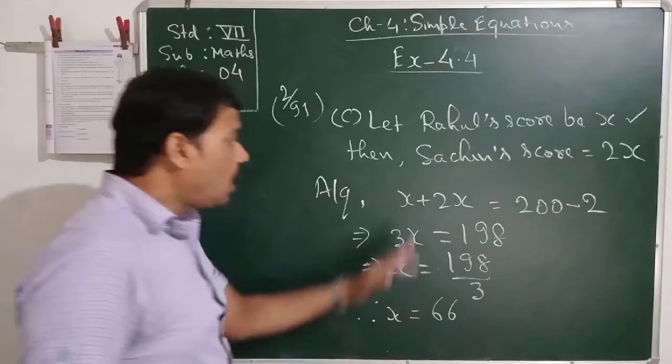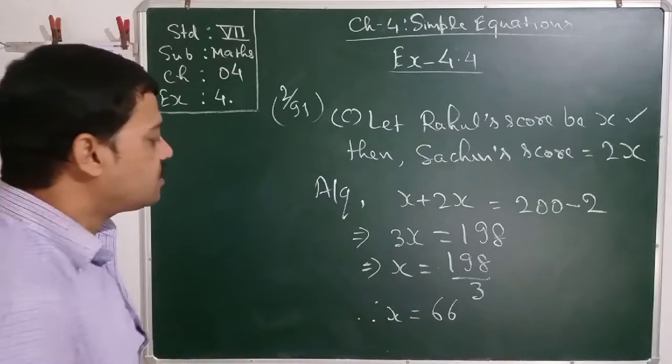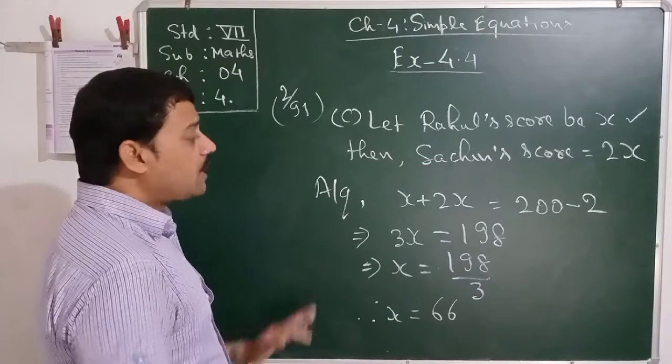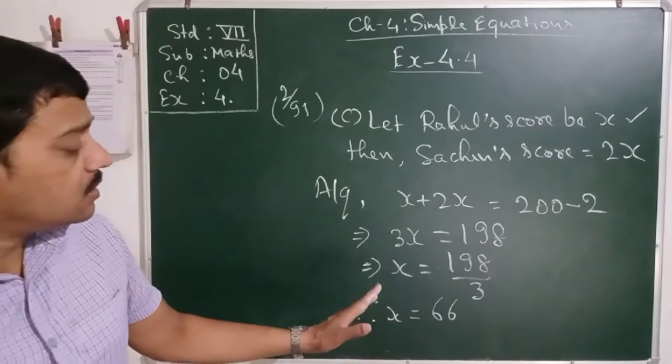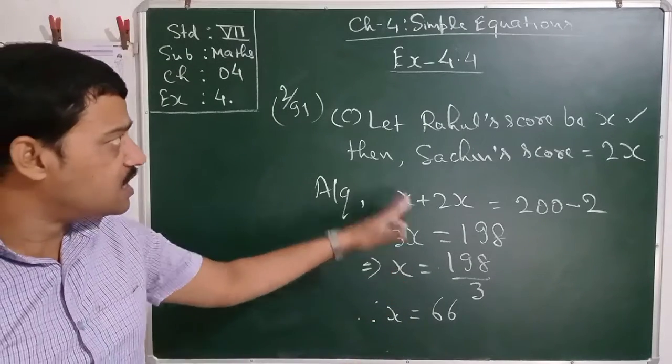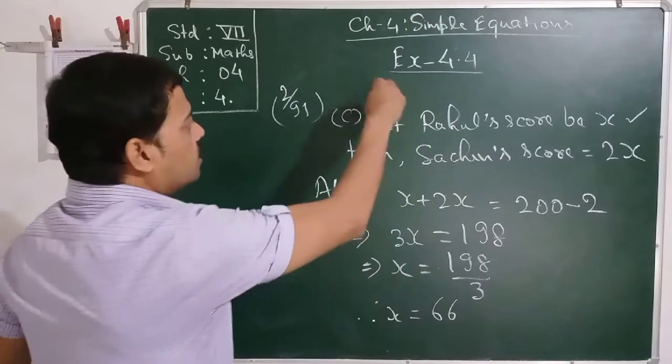In this way you can find out Rahul's score. Now we need to find Sachin's score. I am lacking the space here, let me write at the top.